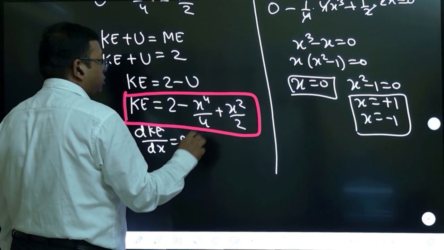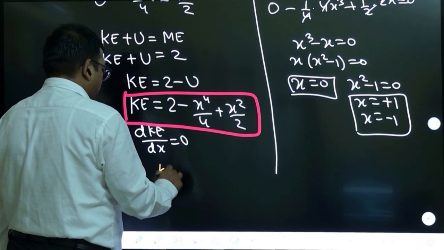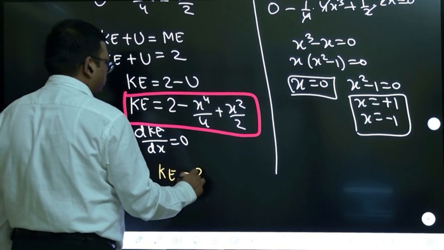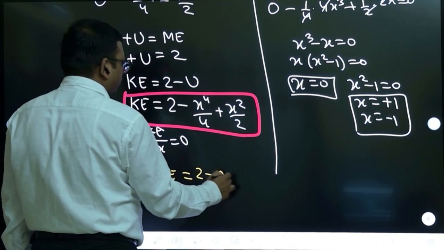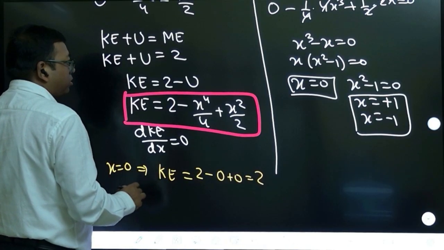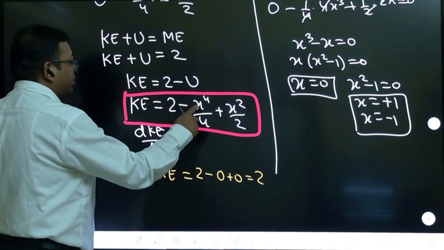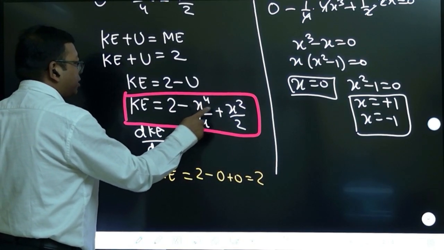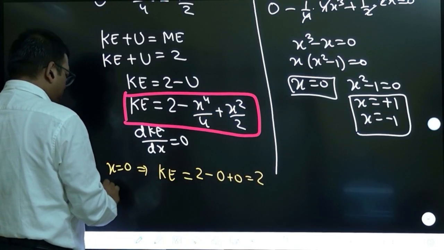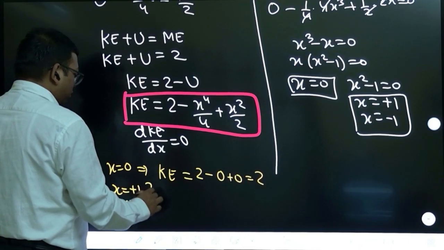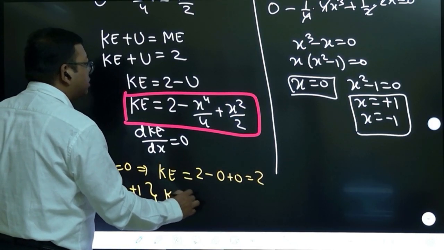If I substitute x equal to 0, the kinetic energy will be 2 minus 0 minus 0, that means 2. If I substitute 1 or minus 1, it will not matter because they are even powers. Either plus 1 or minus 1 gives the same value of kinetic energy.